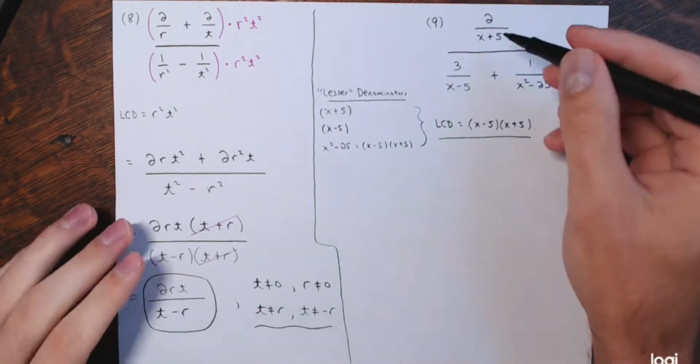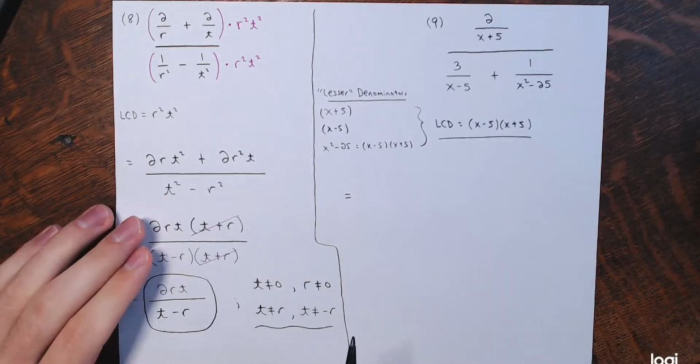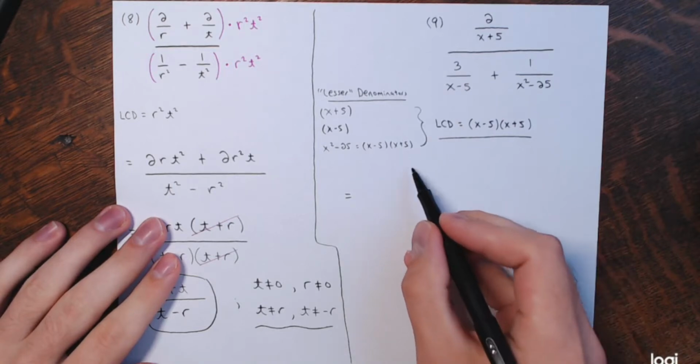Alright, so what I'm going to do, and I'll be doing this with most examples from here on out, is rewrite the expression I started with where all the denominators are factored.